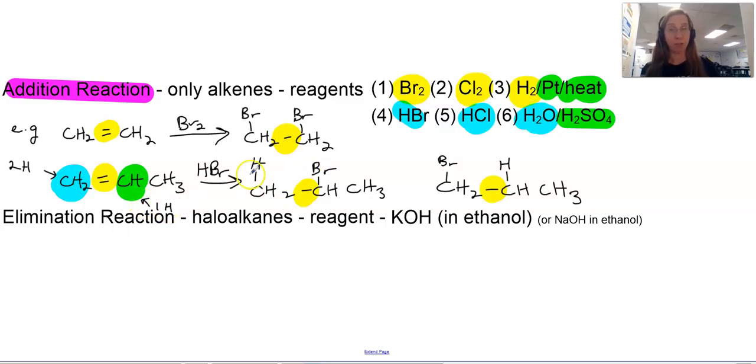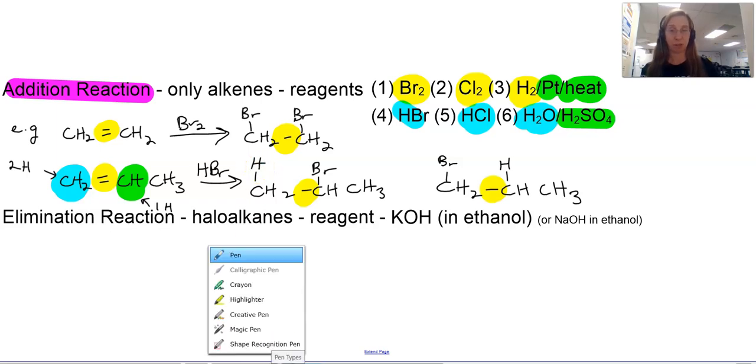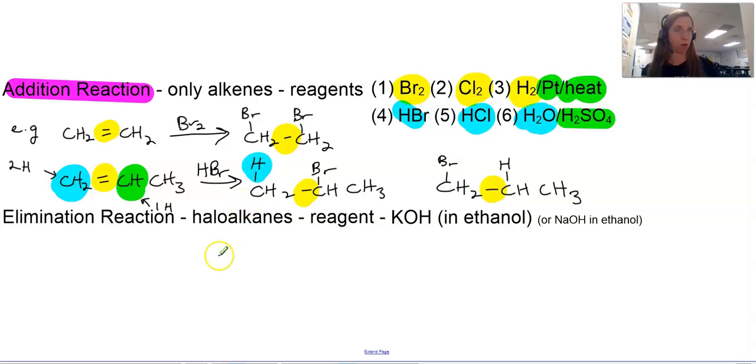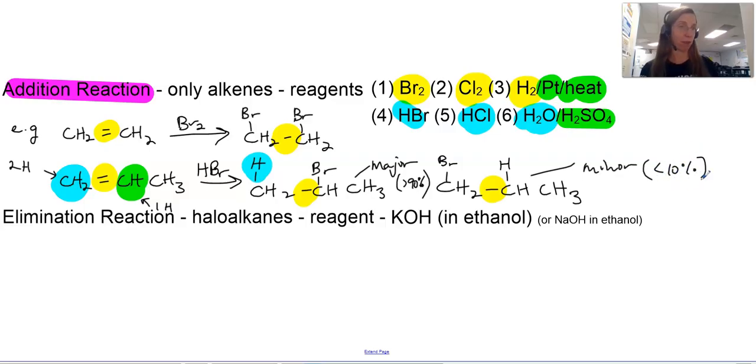And so the hydrogen more easily is bonded to the carbon that already has more hydrogens. And so that is what we call the major product. And by major, it's more than 90% of the product is that one. The second one is called the minor product. Okay, so it's less than 10% of the product will be that one, where the hydrogen goes to the carbon with fewer hydrogens on it.